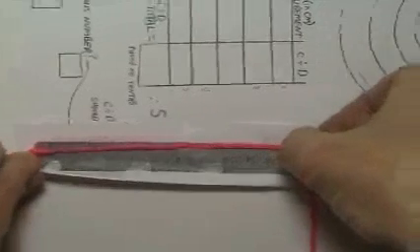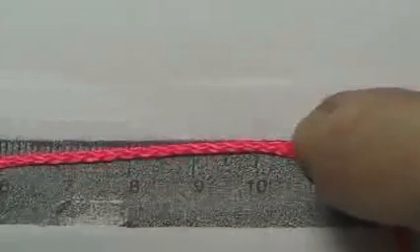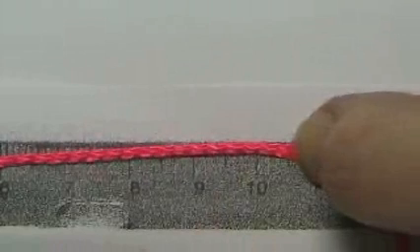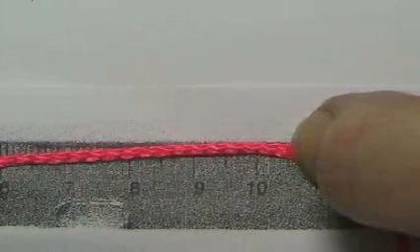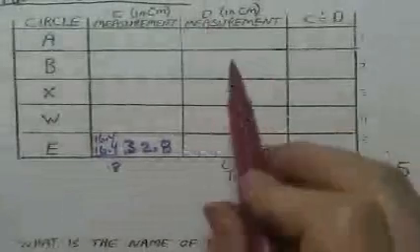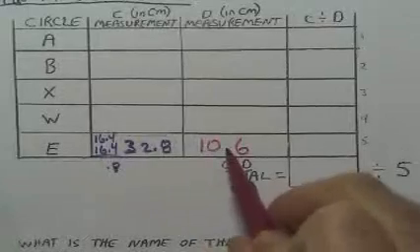All right, and then if I zoom in, you will see mine came out to be more than 10, and more than 10.5. So I'm going to call it 10.6. All right, so I will write that down here. So my diameter is 10.6.